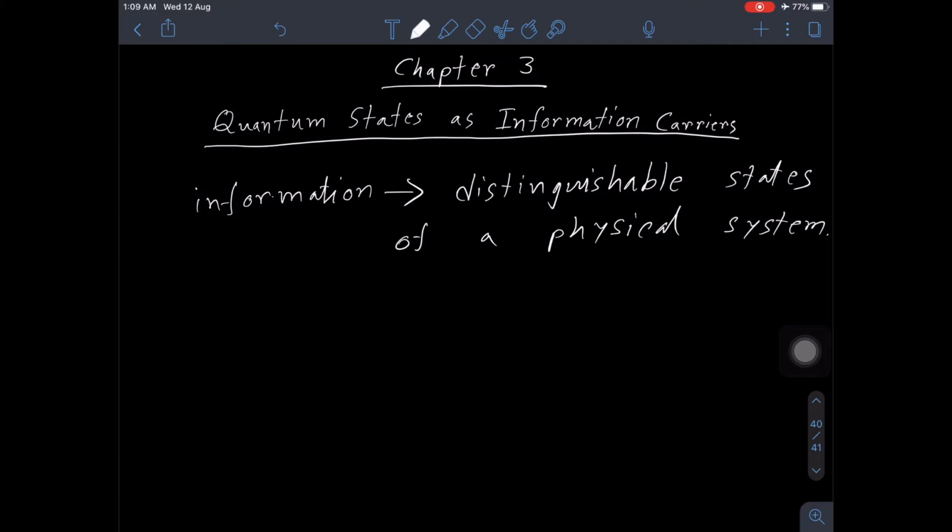All right, so if you can physically distinguish between the two states, then they carry two different pieces of information. So that's the definition of representation of information.